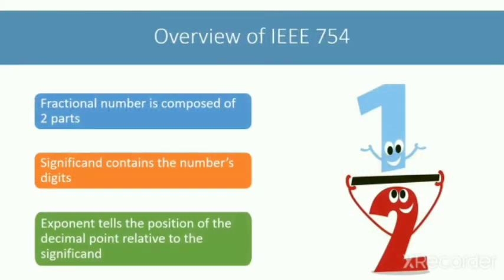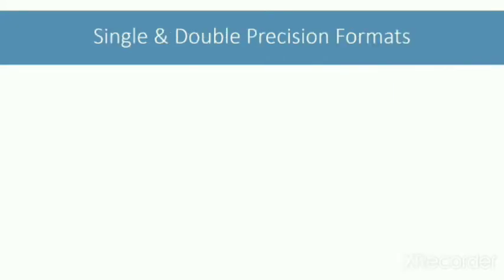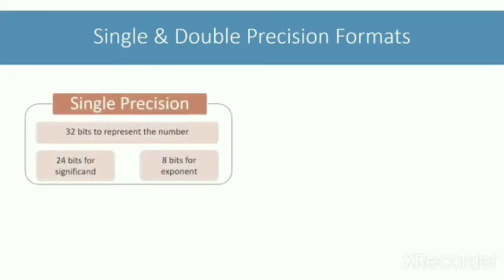In the IEEE 754 standard, the idea is to compose the fractional number of two main parts: a significand that contains the number's digits, and an exponent that says where the decimal point is placed relative to the significand. The two things of the standard that we are interested in are the single and double precision formats. Single precision format uses a total of 32 bits to represent the fractional number.